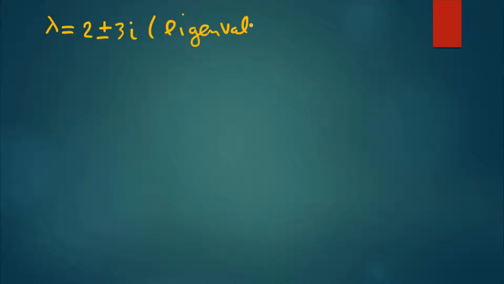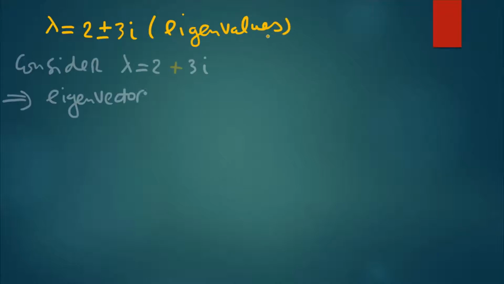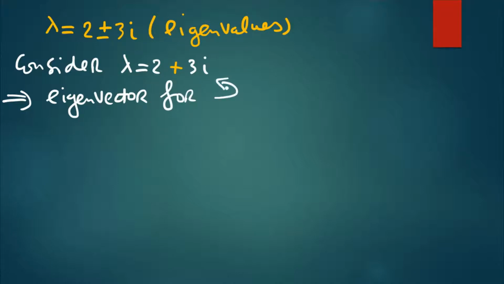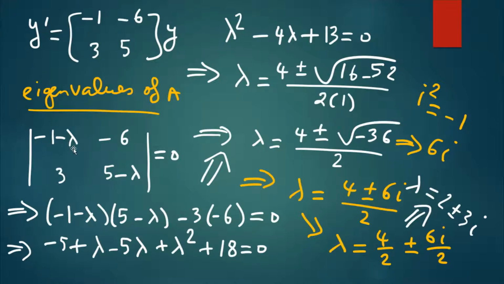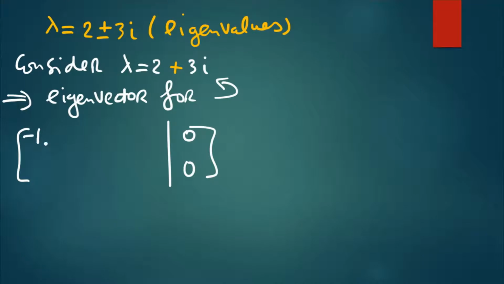So lambda equals 2 plus or minus 3i are the two eigenvalues. An eigenvector for this eigenvalue is the following. We had -1 minus lambda, 3, -6, and 5 minus lambda. So -1, 3, -6, and 5, minus 2 plus 3i.